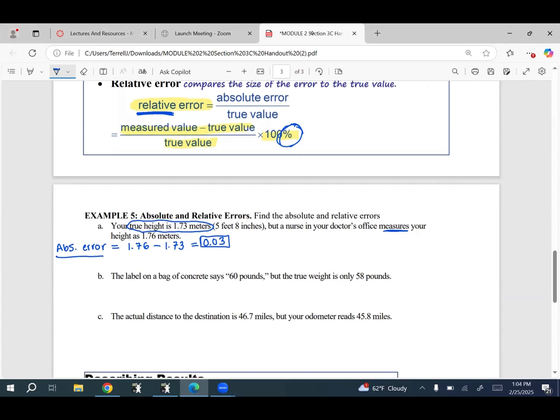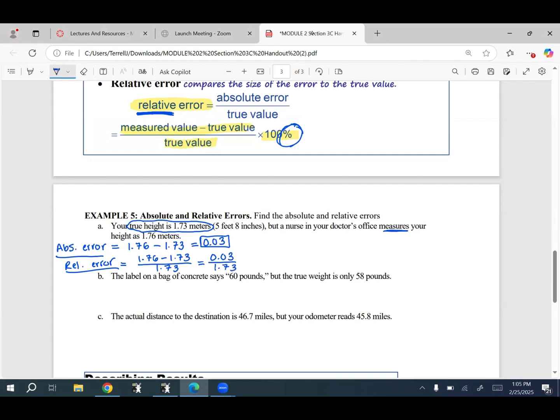And then we have relative error. Relative error, again, is measured minus true, so we just did that, measured minus true divided by true. On the top, if I subtract that, that's 0.03 divided by 1.73.